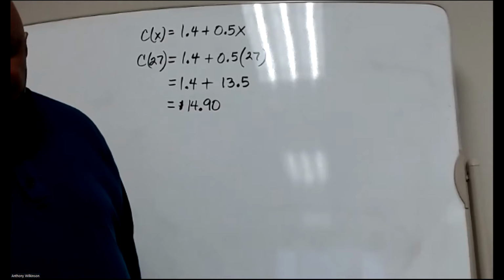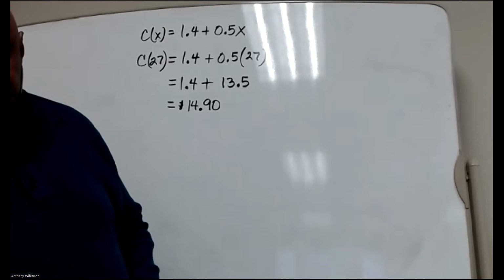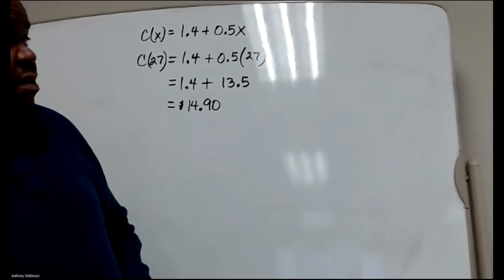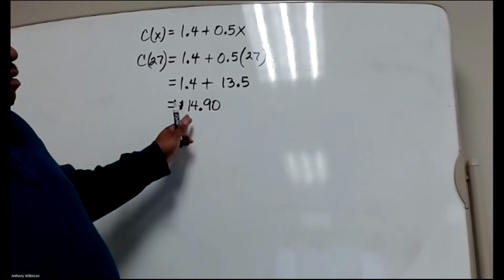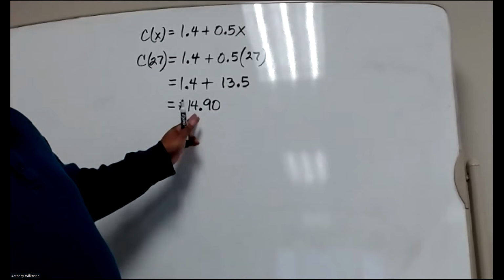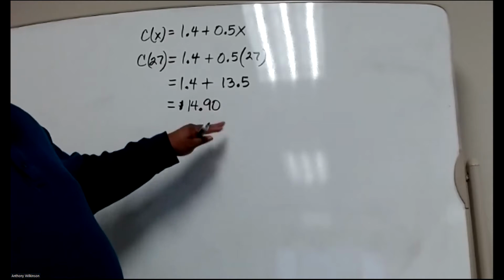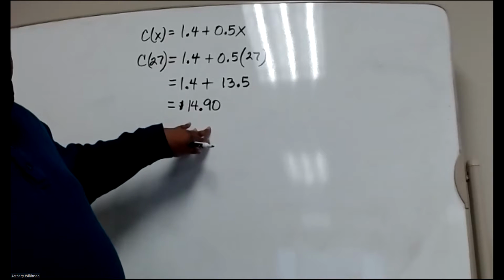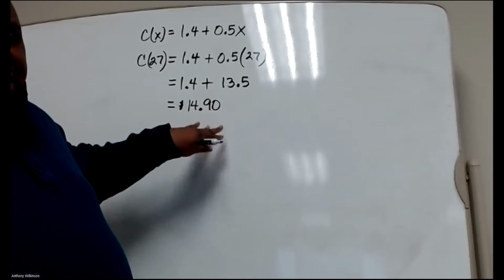Any questions about example 5? Right equals 1490. Yeah, because we're dealing with money amounts, and money amounts are always to 2 decimal places.